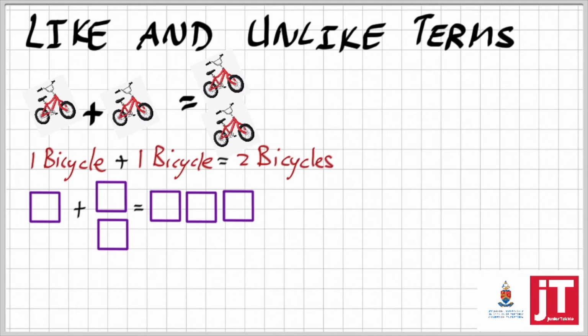Now let me do a sneaky. What if I put that in a form that looks like this? You still all right? One box plus two boxes equal three boxes. Yes, you've got this. But what if I put something in the box and in every single box I put the same thing?